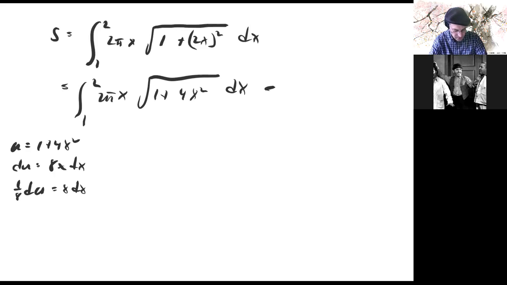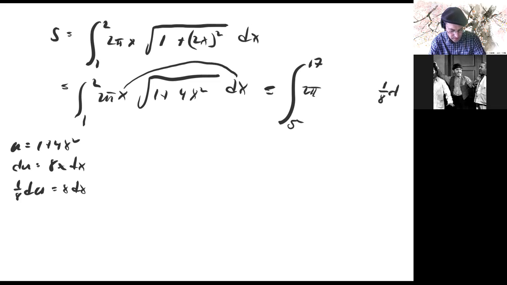And then we have to figure out the limits of integration. So when x is 1, u is 5, and when x is 2, we get 17 for u. We have 2 pi, and an x dx here, but we know that's 1/8 du, and then we have the square root of u.